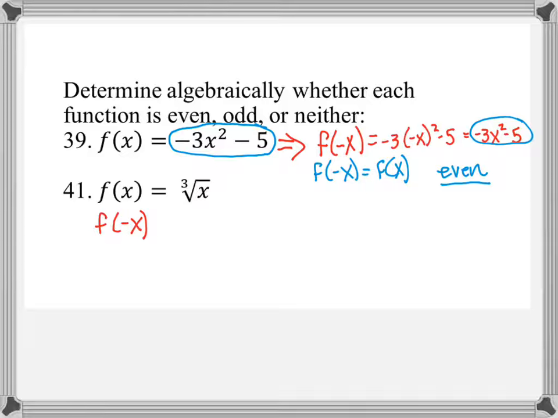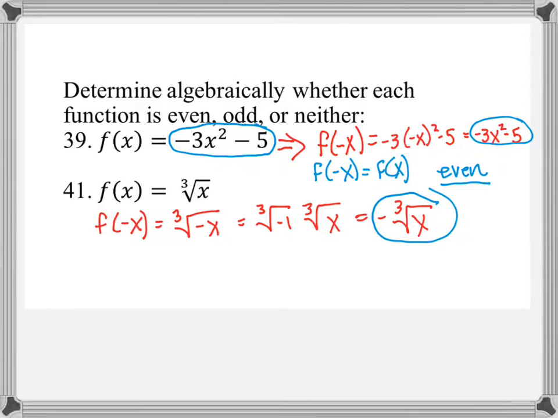Again, for f of x equals the cube root of x, we will start off by determining what f of negative x is. F of negative x equals the cube root of negative x, which is equivalent to the cube root of negative 1 times the cube root of x, or negative cube root of x.